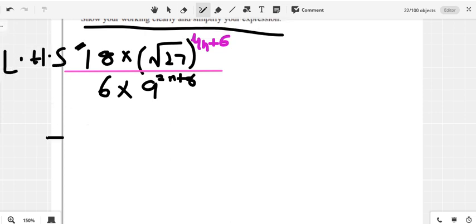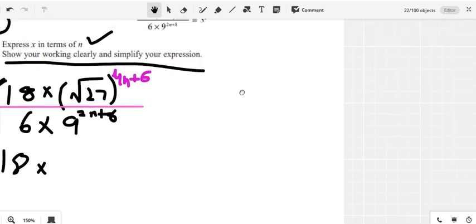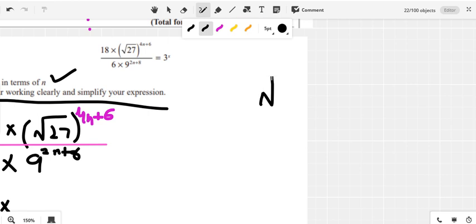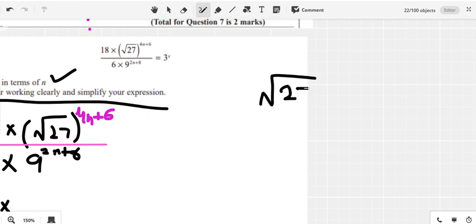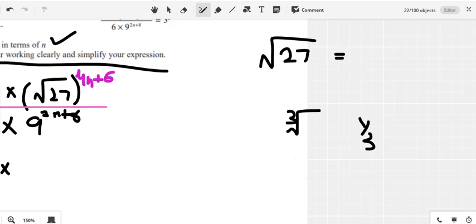Now we will write here 18 times, in fractional power. We know that if we have square root sign, and if we don't want to write square root, we can write the power of it. So square root is equals to 1/2, cube root equals to 1/3, fourth root equals to 1/4.